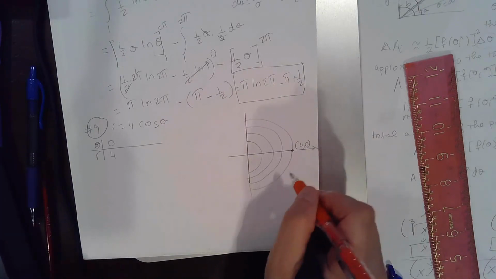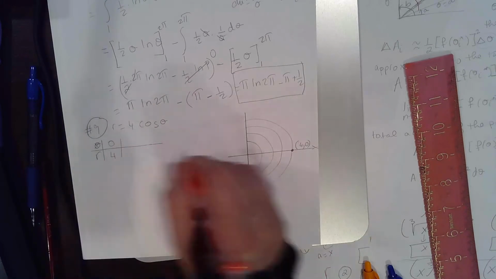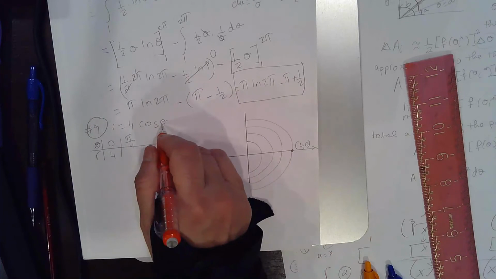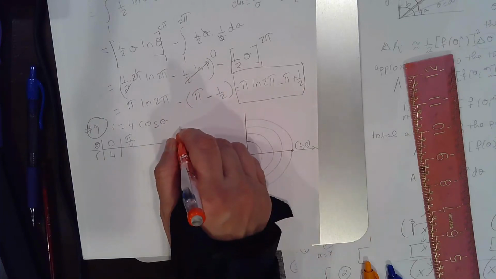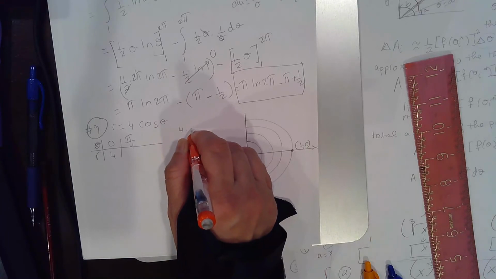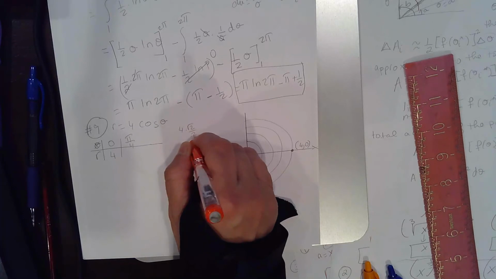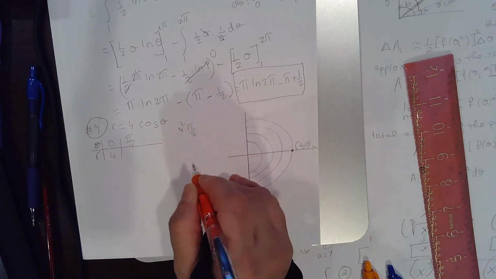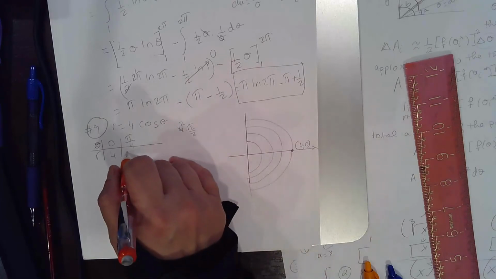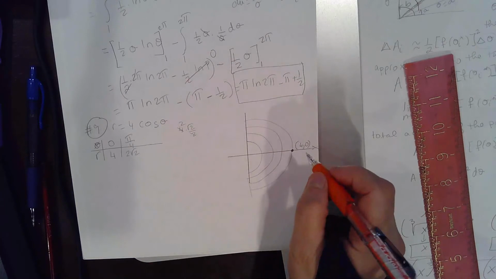When theta is pi over 4, what are you going to have? 4 times cosine pi over 4. Cosine pi over 4 is root 2 over 2, so the 2 is going to cancel out. You're going to have 2 square root of 2. Plug it into the calculator, it's going to be like 2.8 something.